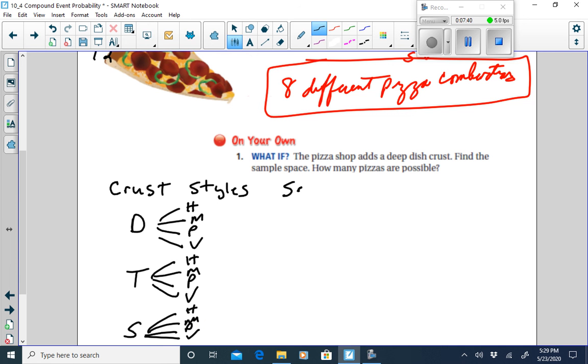Our sample space is going to show a list of those 12 possible outcomes. So we would have D with H, right? D with H here.